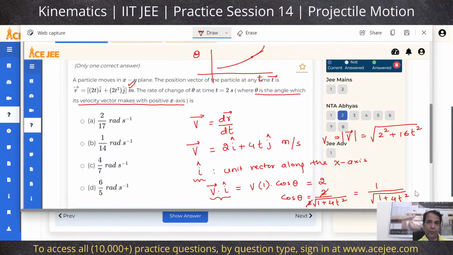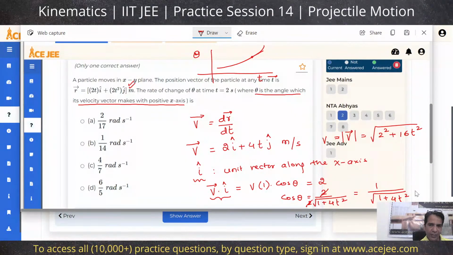Now, we know the velocity at that time. You're absolutely right, but that doesn't tell us how the velocity is changing with time. You get the idea? How things are changing with time, that information is not available when you just look at the value of v at that time. We're interested in how v is changing with time.